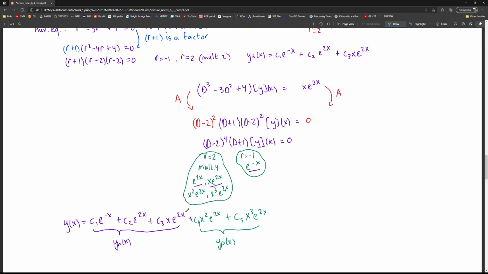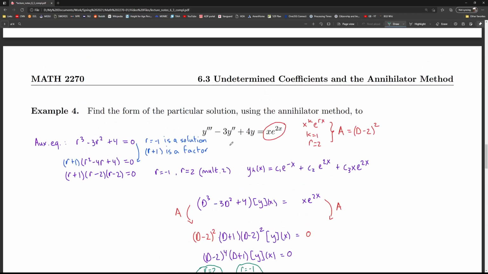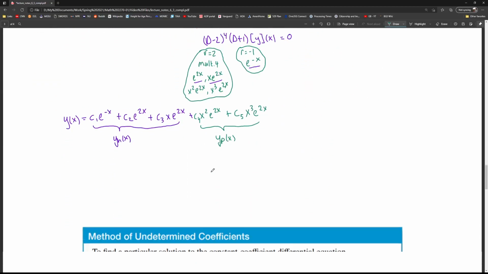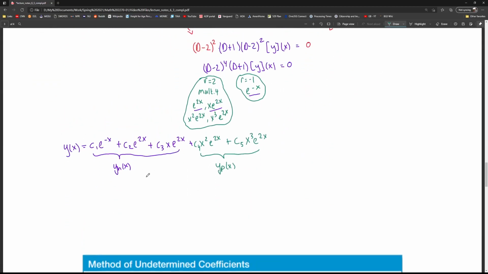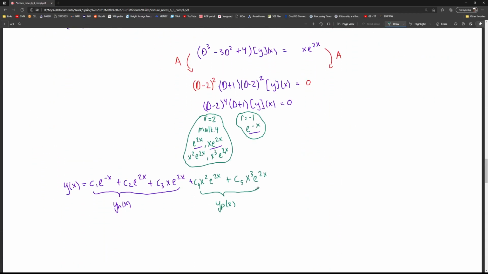And this is part of my particular solution, or that is a particular solution to my differential equation. So the most general solution to this problem that we were working on is given by this here. And again, the form of the particular solution is just this green part.